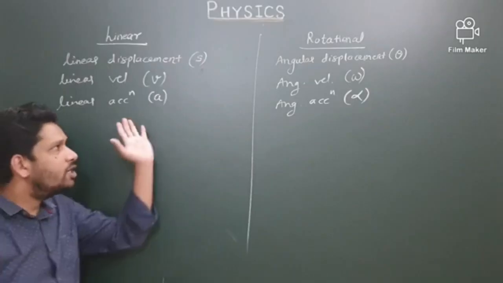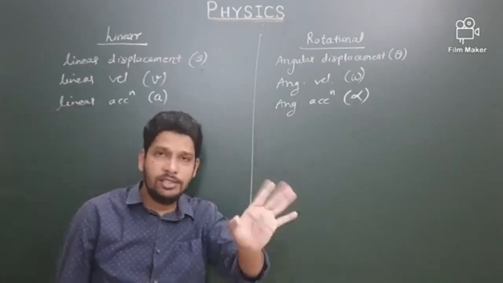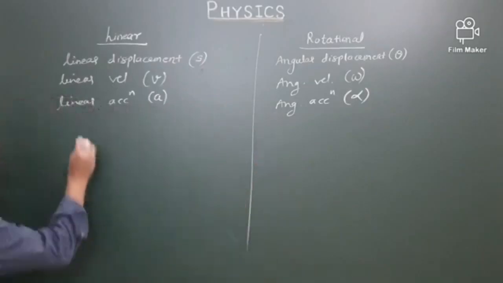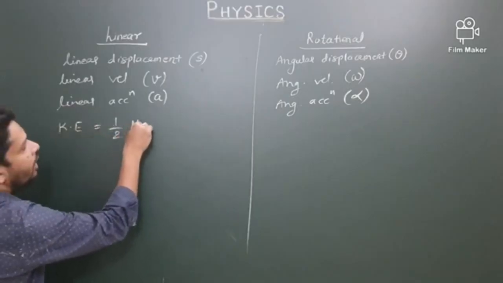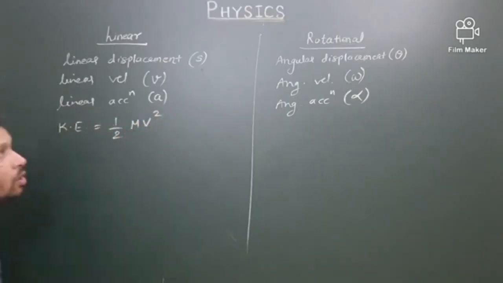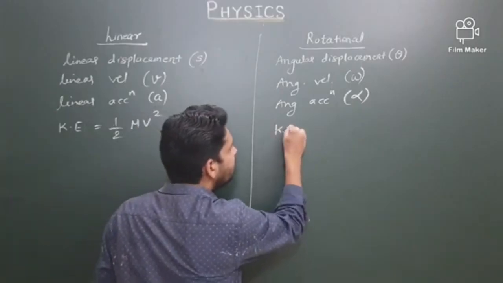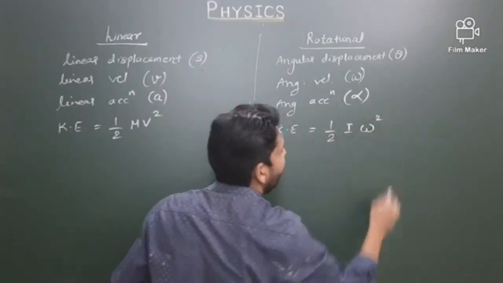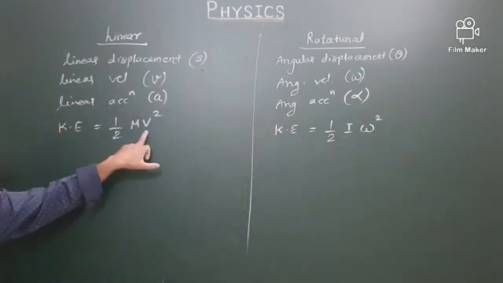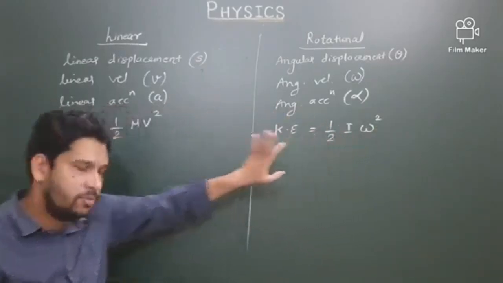Okay, see मी असं नाही म्हणत हे दोन सेम आहेत. They are similar, not same. Okay? Then what is the formula of kinetic energy in linear motion? Half mv square. What is the formula of kinetic energy in rotational motion? Half I omega square. बघा, linear velocity ची जागा घेतली angular velocity नी. Okay?